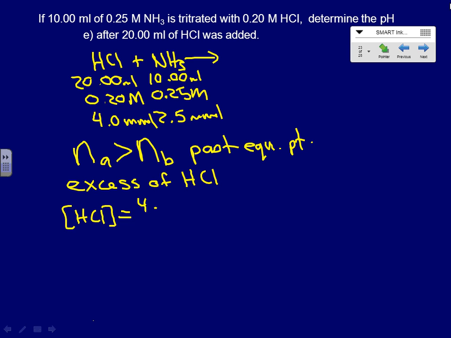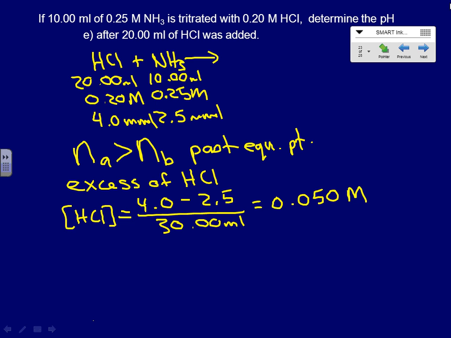We started with 4.0 millimoles of that acid, and 2.5 of it was consumed by the weak base. That's going to now be in 30 milliliters of water. And if I do that calculation, I'm going to get 0.050, actually another significant digit likely, but that's not too bad. The concentrations are only 2, and that's moles per liter.